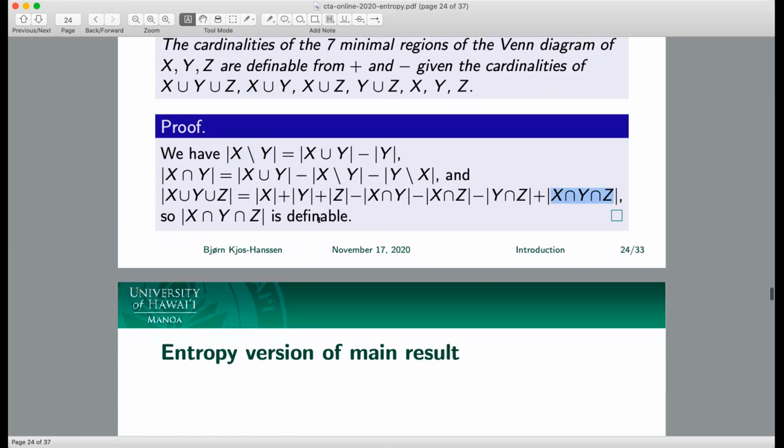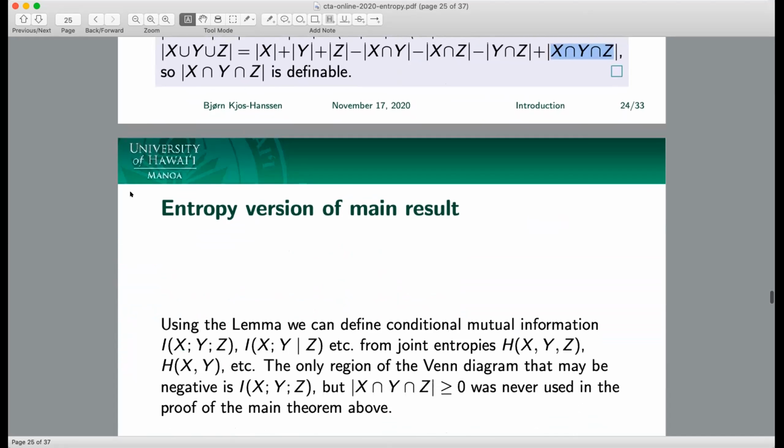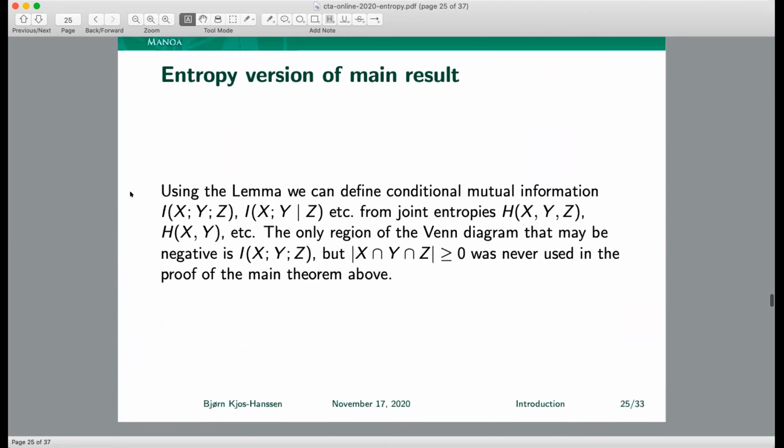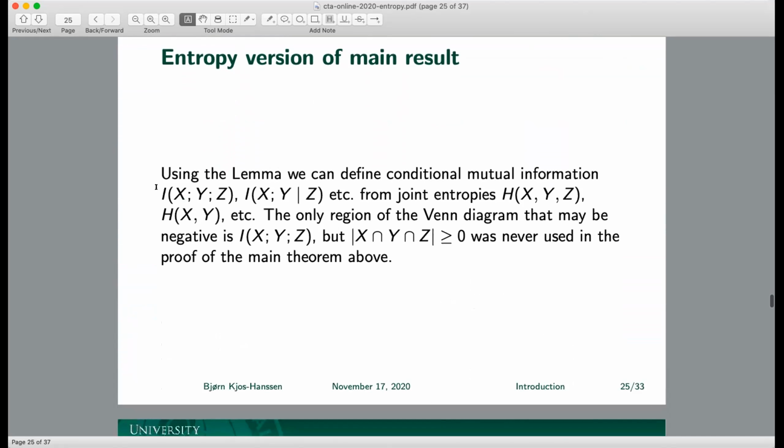Now, this does involve some pluses and minuses, so it's not immediately obvious that all of these things are positive. If they're cardinalities, yes, they're non-negative. If they're entropies, that's something to look into. So now we can define things like this: the mutual information of 3 random variables x, y, and z.